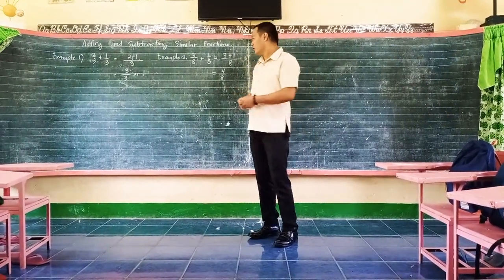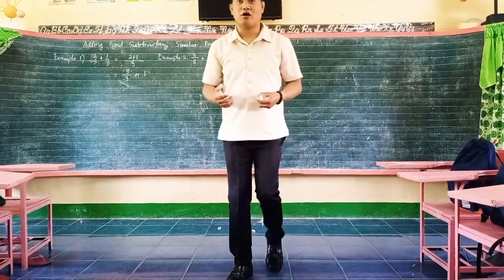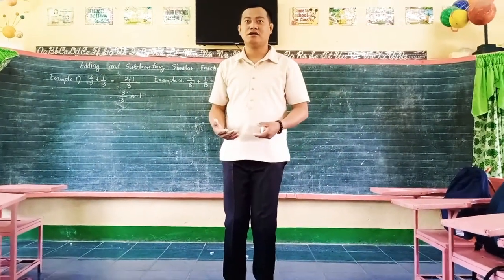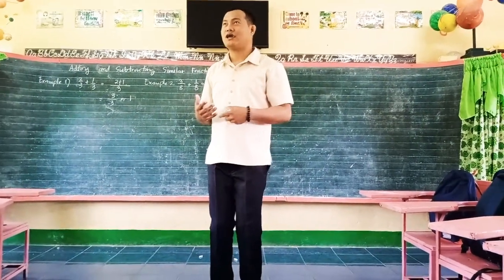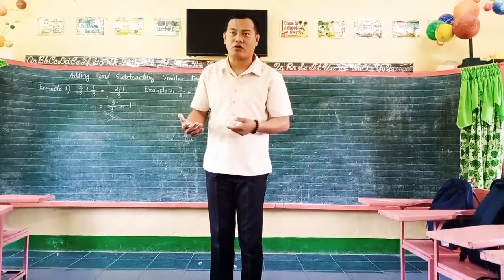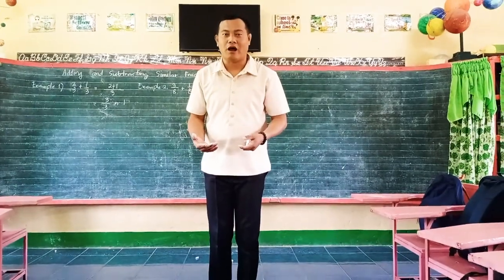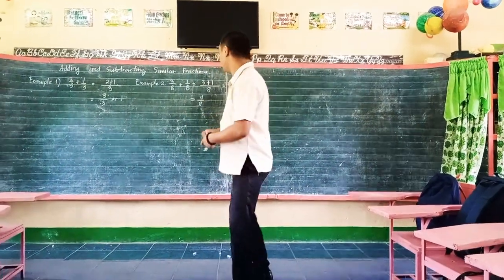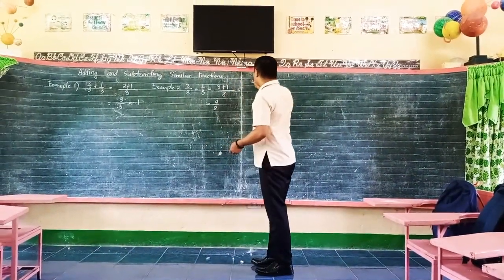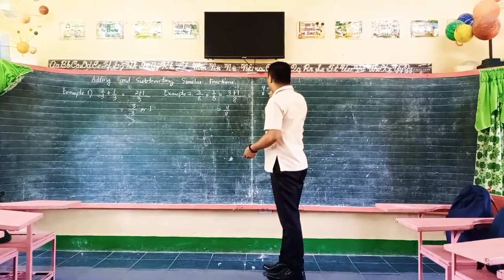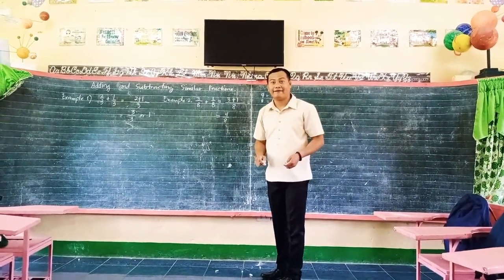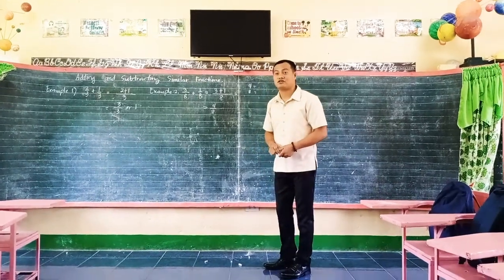I will show you. By using our greatest common factor, we can easily determine the number that we can divide into our numerator and denominator so that we can come up with our lowest term. So let's find the GCF of both 4 and 8. Remember our greatest common factor?